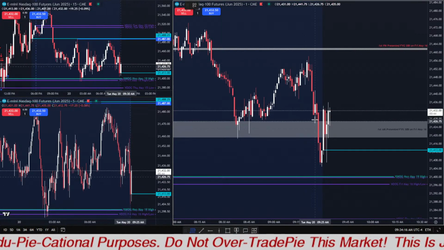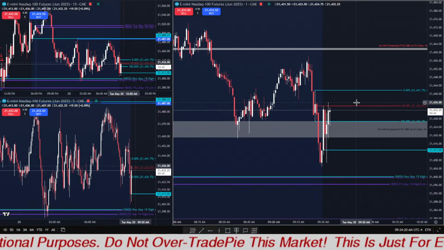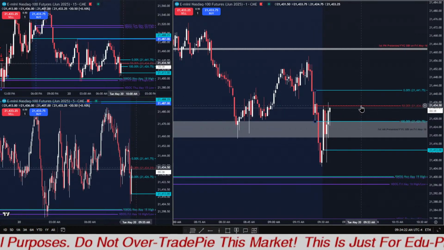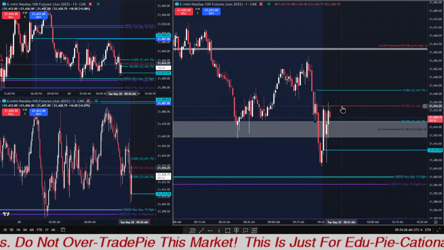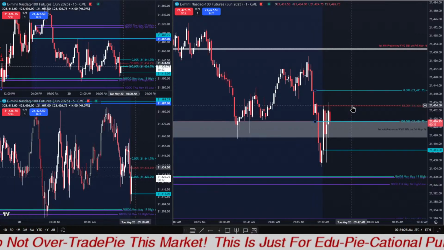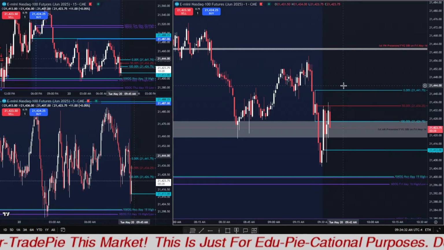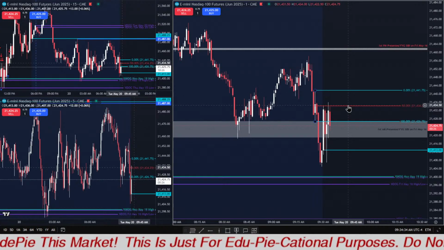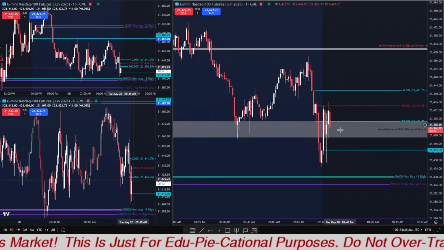I'm waiting and trying to see if the market is respecting the mean threshold of this order block over here. Mean threshold is the 50% level of the candle's range, or basically the midpoint of the range created by this white candle over here.